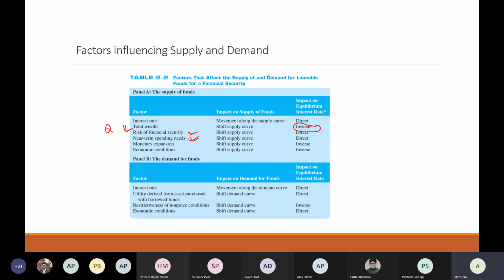Because you don't think that you need to consume that money in the near future, and that's why you are keeping it for the long term. So it means your near-term spending is going to decide your saving, basically the quantity of fund available with the institution or with the banks, and that's why there is a direct relationship.